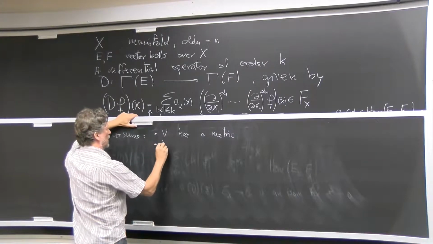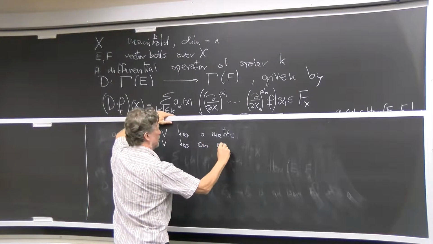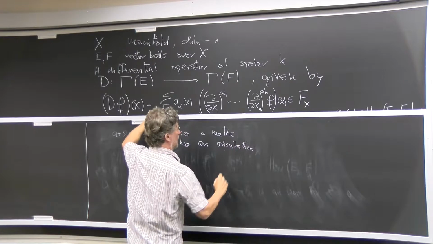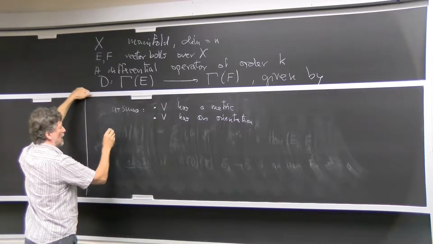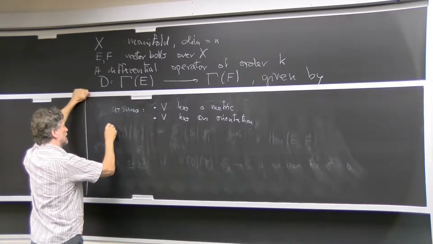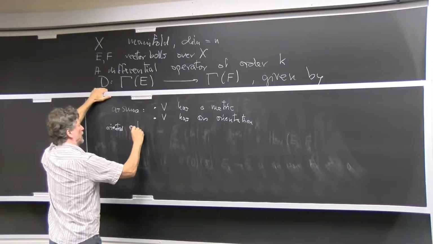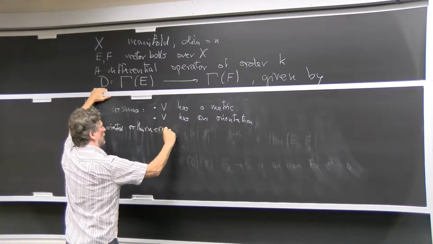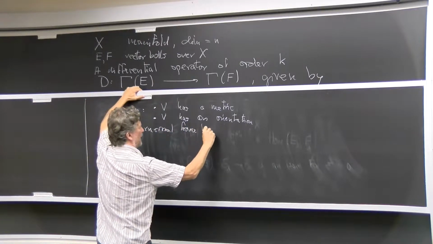Secondly, I want to assume that V has an orientation. Okay. So then I can define this thing that's called the oriented orthonormal frame bundle for this vector bundle V.